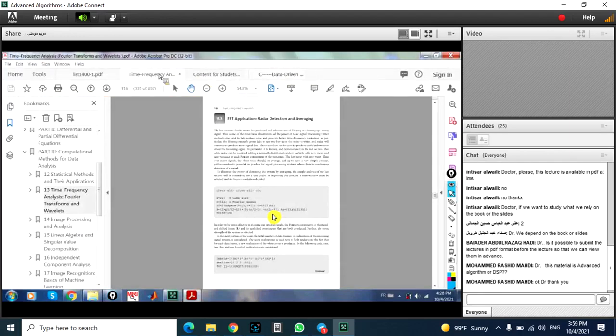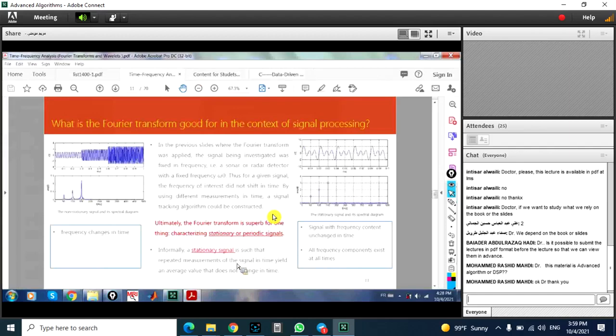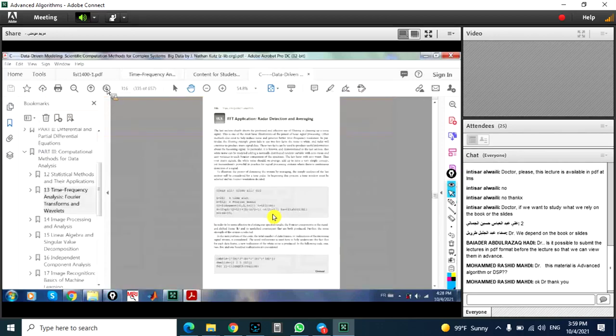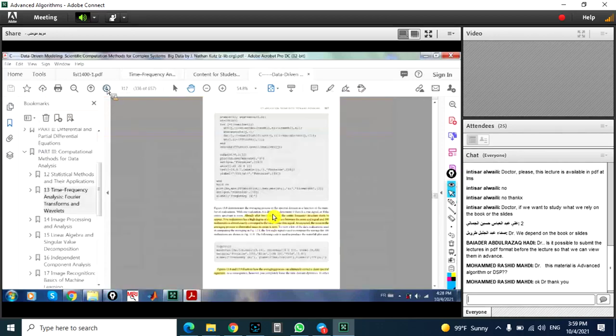Then please first see the slides and see what the important content is, and after that you can study it in the book.